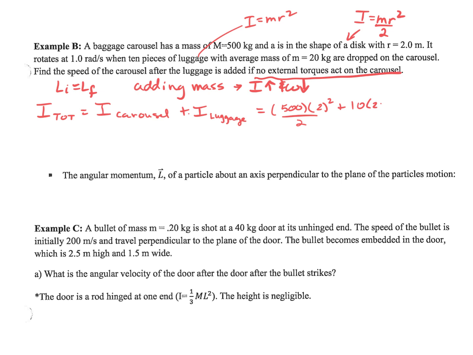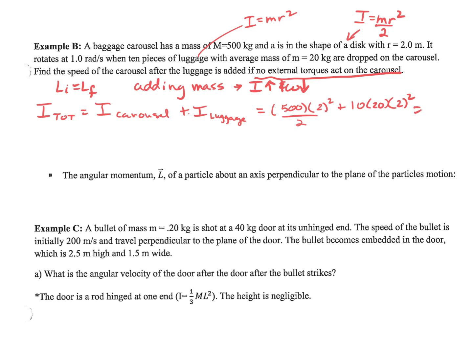each of which has 20 kilogram mass, and they're dropped onto the carousel. Well, they'll be dropped at the edge, won't they? Isn't that usually where you put them? So we're going to say this is also 2, if we put them right out at the edge, how far they are from the center.